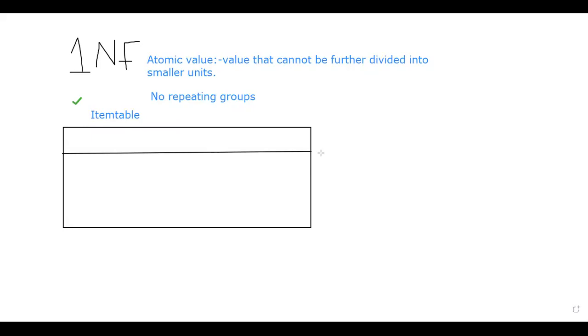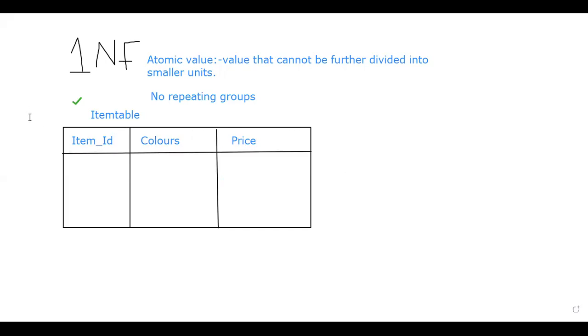Let us have the attributes item ID, colors, and price.